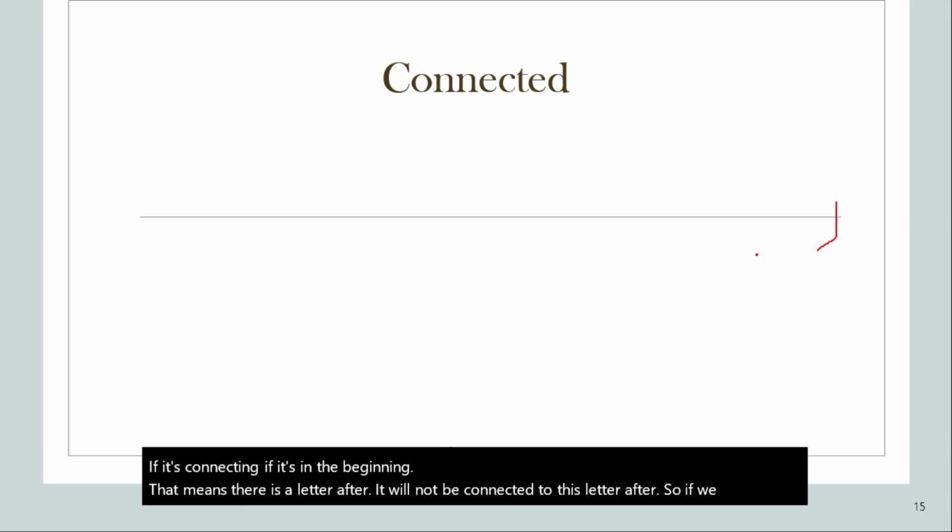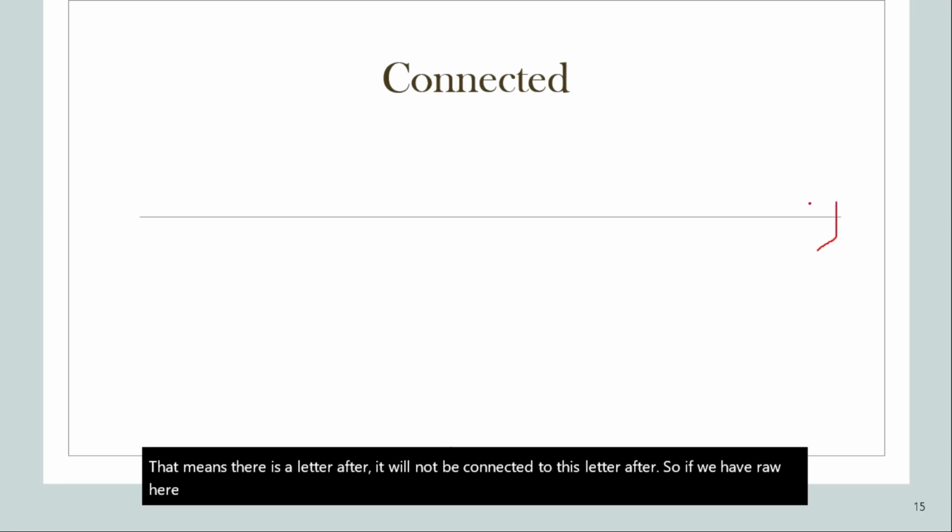So if it's in the beginning, that means there is a letter after, it will not be connected to this letter after. So if we have ra here and we have, for example, letter ta, remember letter ta, the smiley face, 2 dots, it will not be connected to it.